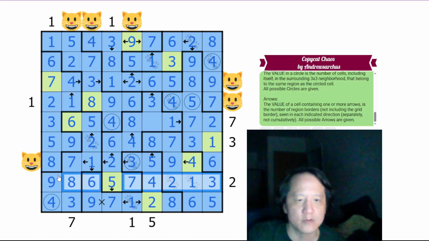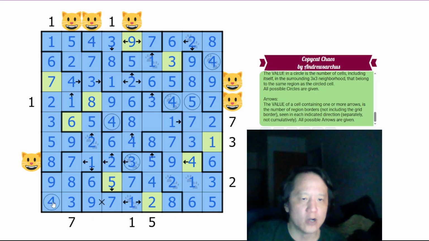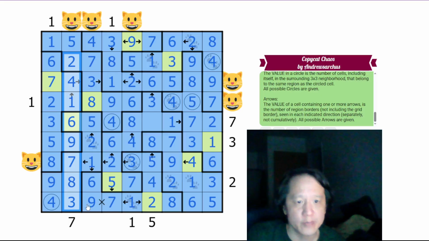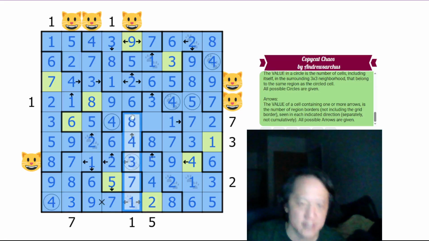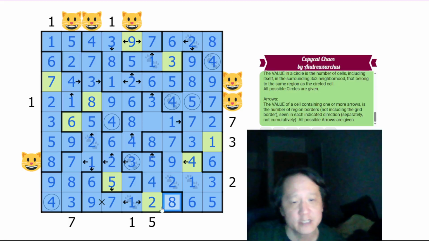3 has, already again, 4 to the left, 2 up, 0 down. 4 has 1, 2 up, 2 to the right. 3 has 0 to the left, 1, 2, 3, 4 up, 1, 2 to the right. 1 has 1 to the left, 1 to the right, and 7 to the top, which is too much.